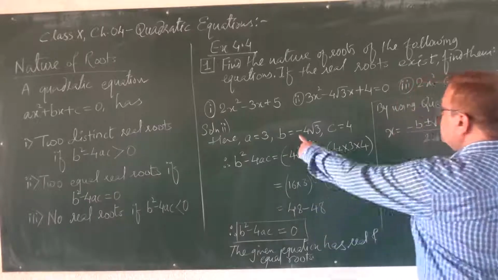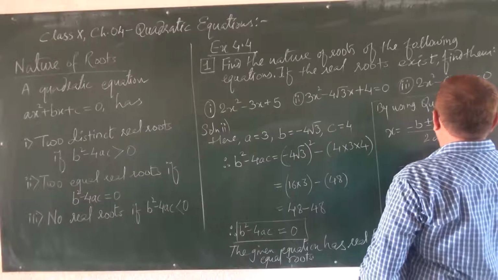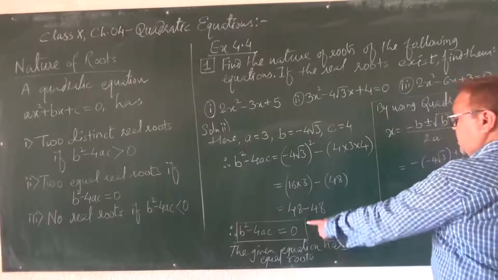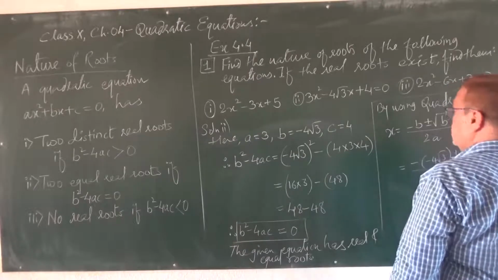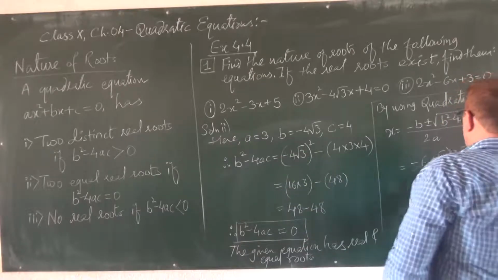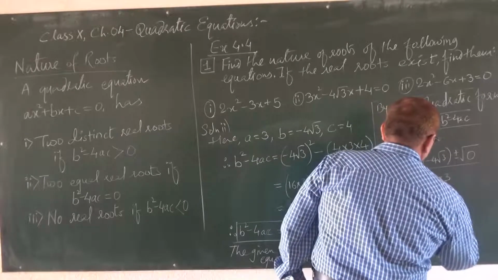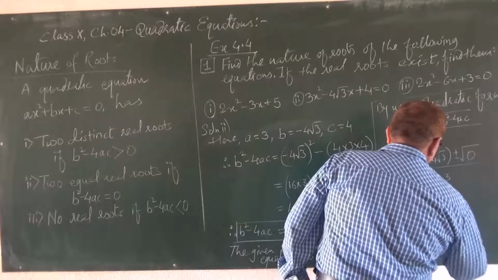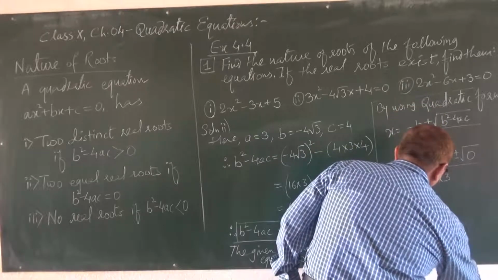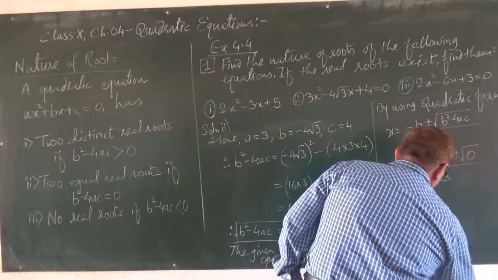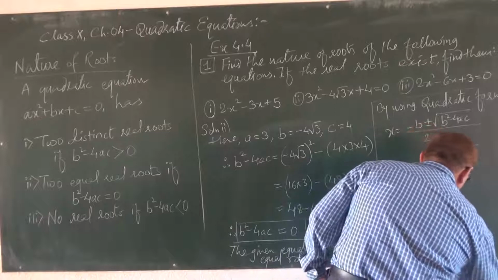The value of b is minus 4 root 3, so minus into bracket minus 4 root 3, plus or minus the value of b square minus 4ac, which is 0, whole upon 2 into a. So a is 3. Minus into minus, that is 4 root 3 upon 2 into 3. So 2 2s are 4, so 2 root 3 upon 3. So this is the root.